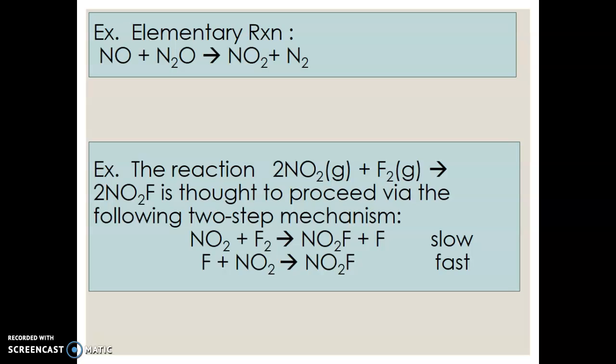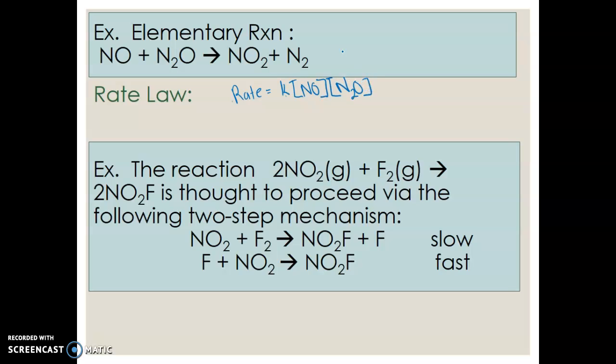When we go to write the rate law, we are going to say rate is equal to our rate constant times the concentration of NO times the concentration of N2O.